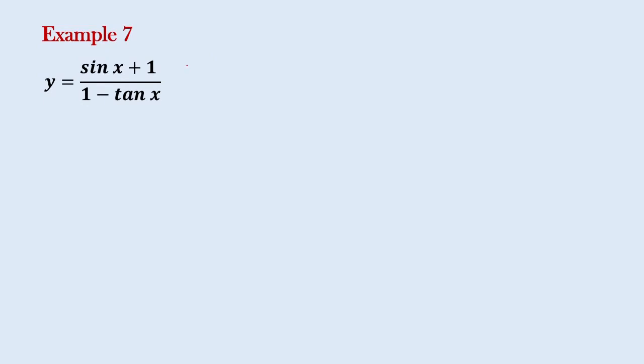For another example, again, let's say this is f and this is g. So the formula would be g f prime minus f g prime over g squared. So if f is equal to sine x plus 1 and g is equal to 1 minus tangent x, therefore, the derivative of f is cosine of x.